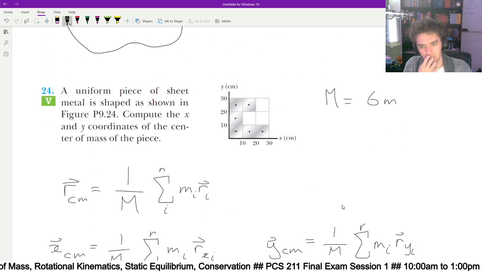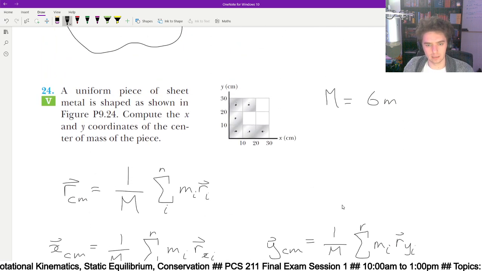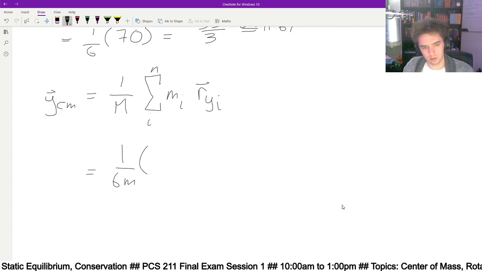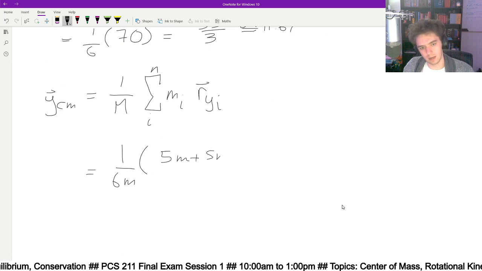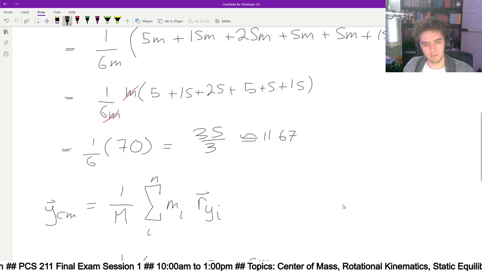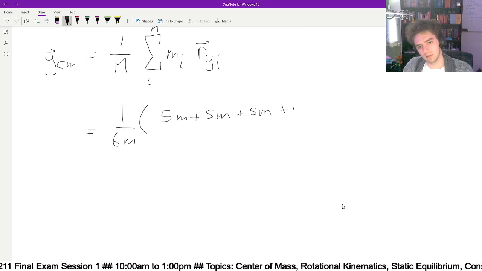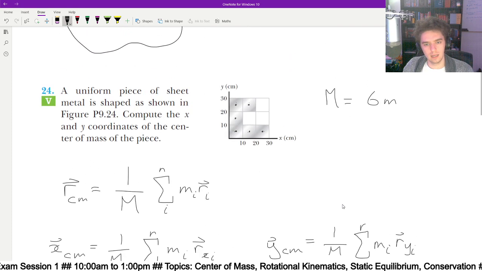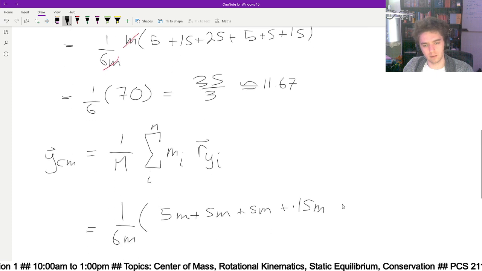Each piece has a mass of m, and their y component is this. The y component here is 5, 5, 5, so you have three 5s here. So 5m plus 5m plus 5m. Then I have 15m, 15m, 25m, 25m.